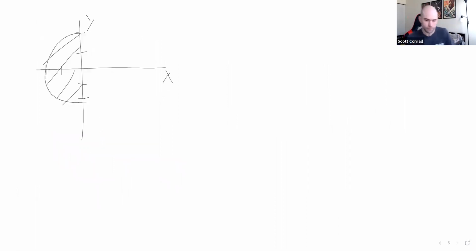Suppose this is our region D. So this is a piece of a circle or a disk centered at the origin. So let's find the bounds for r and theta.